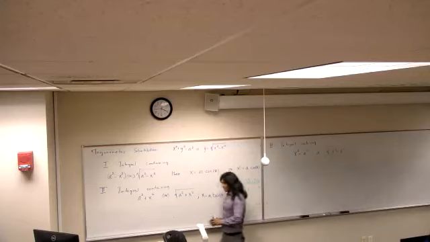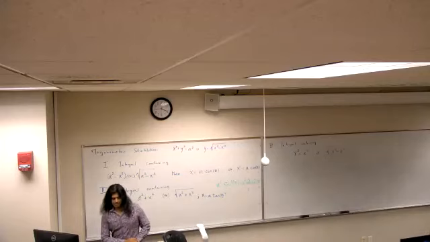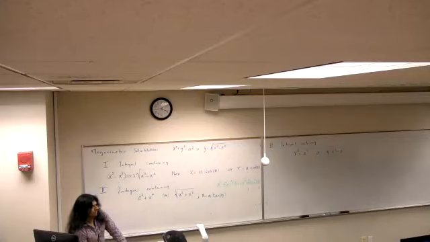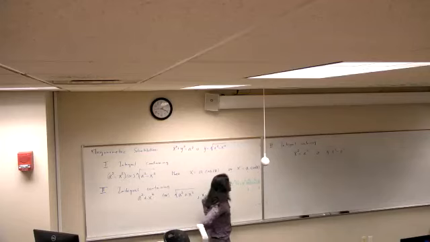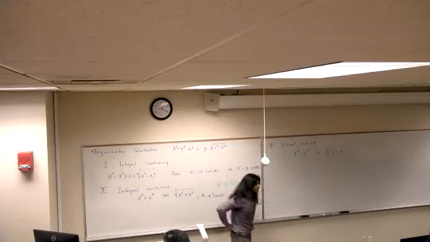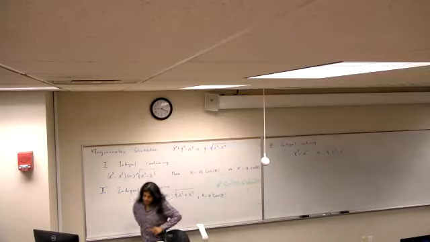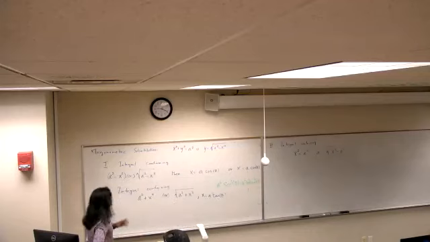Any form of x squared minus a squared. If you have square root of x squared minus a squared, third root of x squared minus a squared, any of those, then I can use the substitution.